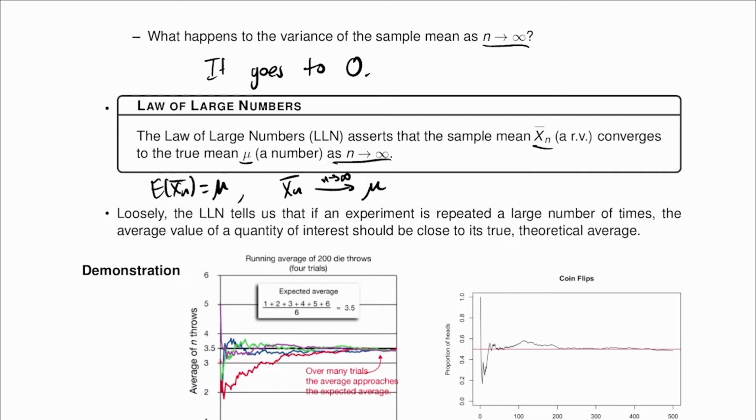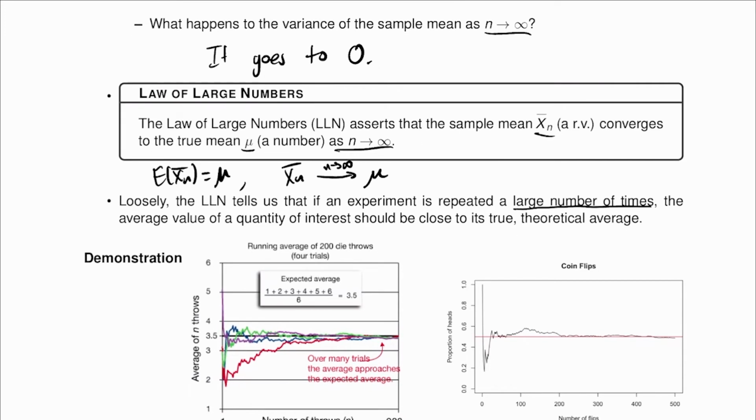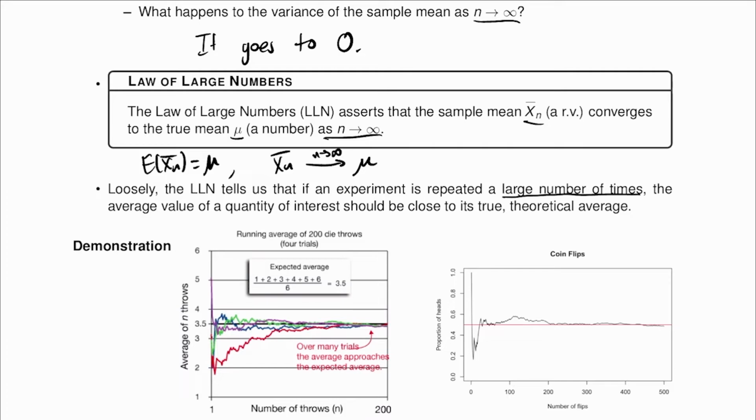So the law of large numbers tells us that if an experiment is repeated a large number of times, the average value of a quantity of interest, that is the sample mean, should be close to its theoretical value.